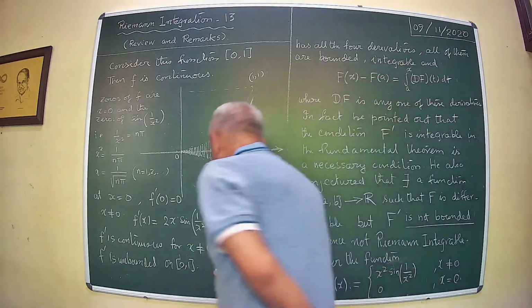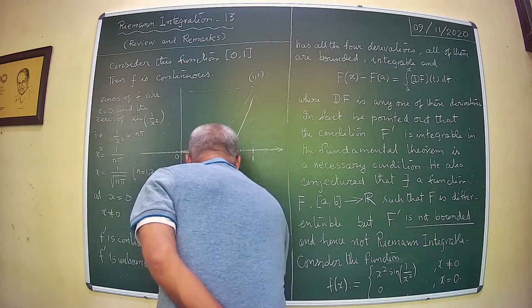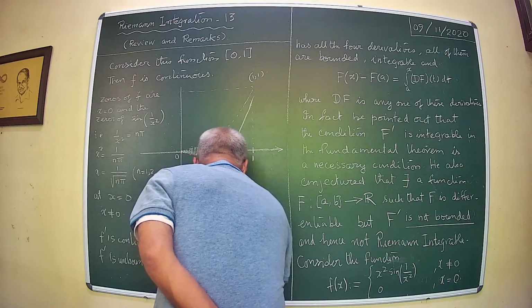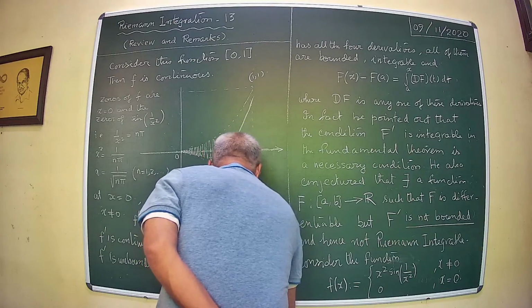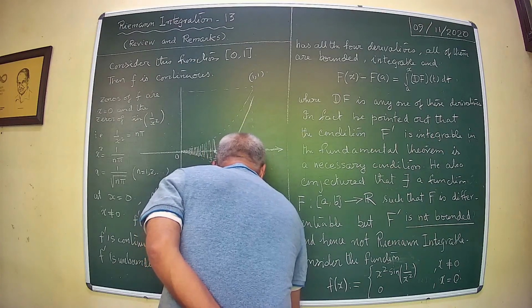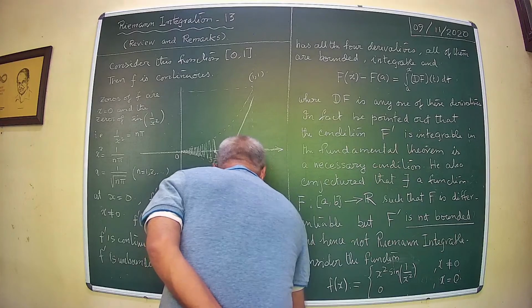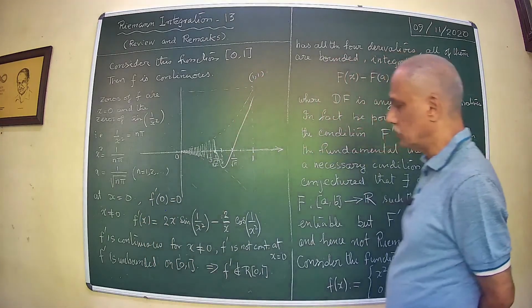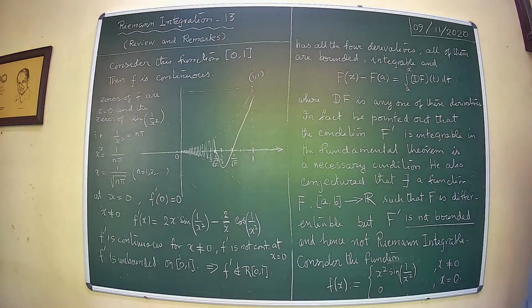Therefore, f derivative is not Riemann integrable, it's an unbounded function. Okay? Therefore, f dash is not Riemann integrable.